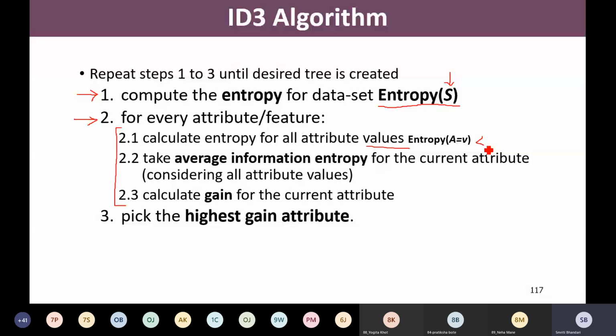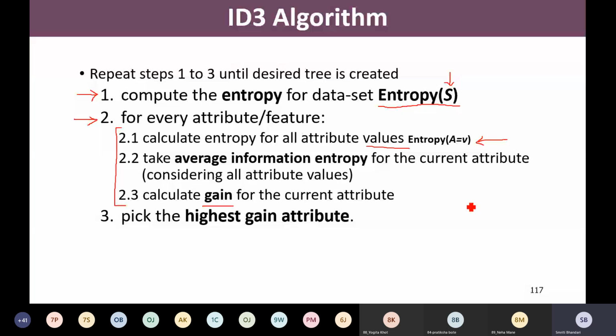So we have computed the entropy values for all attribute values for the considered attribute or feature, and in the next step, we are going to find out the average information entropy for that attribute, considering all the values computed in step 2.1. And in 2.3 we are going to compute the gain for the current attribute.